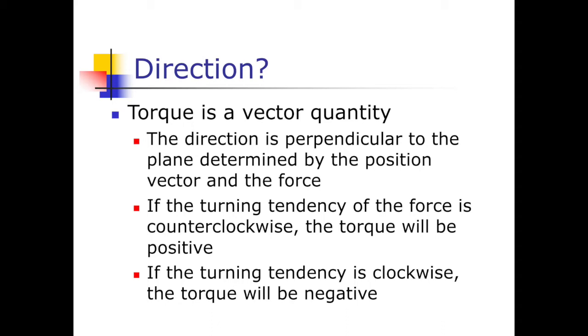The actual answer to the direction of torque is along the rotational axis of the object itself. And so if we're referring to something as rotating counterclockwise, we're going to call that a positive torque. And if we're turning in a clockwise direction, we're going to call that a negative torque.